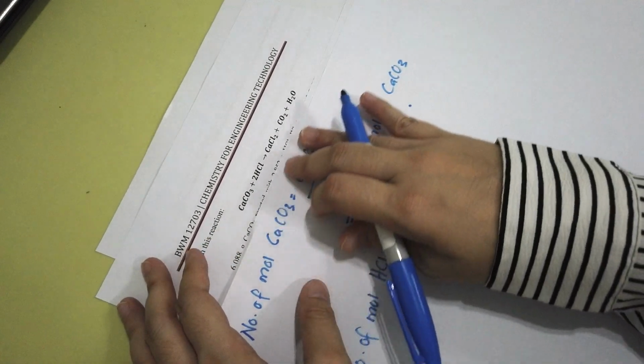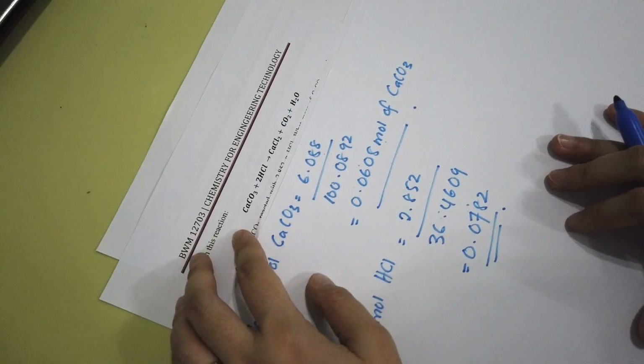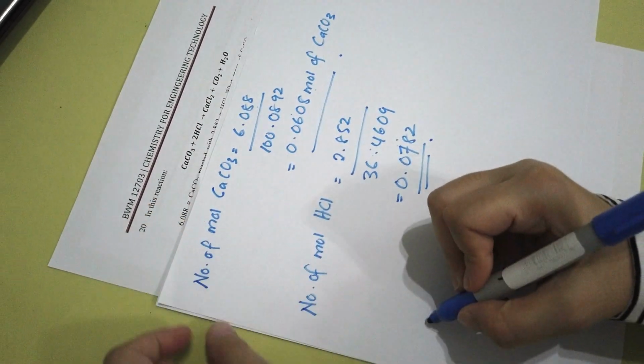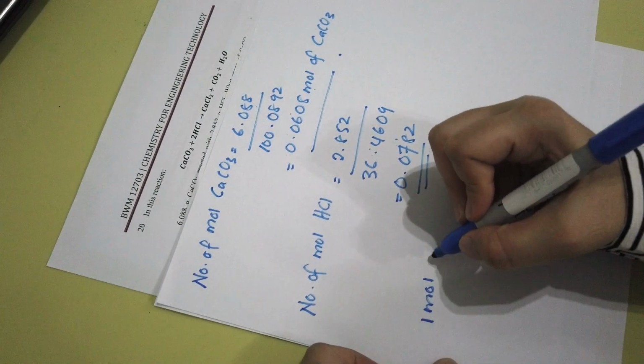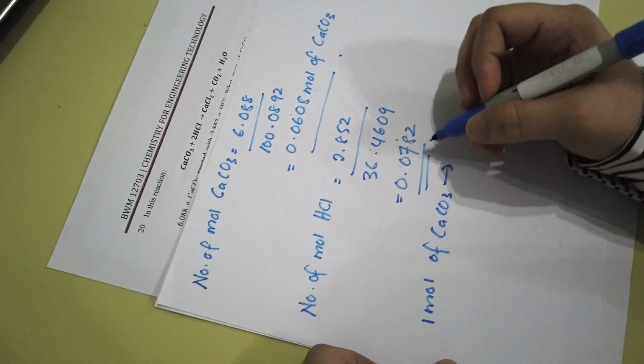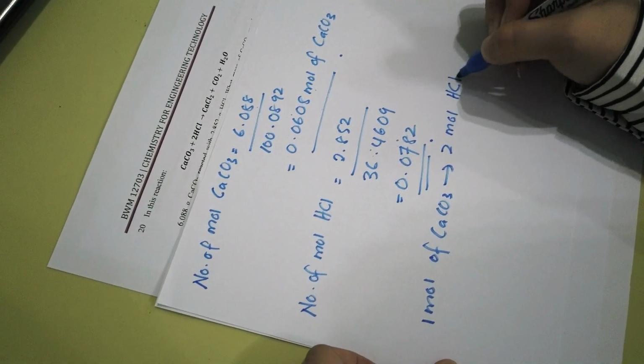Right. So since this is already a balanced equation, so we can say that when you look at the reactant part, 1 mole of CaCO3 will need 2 mole of HCl.